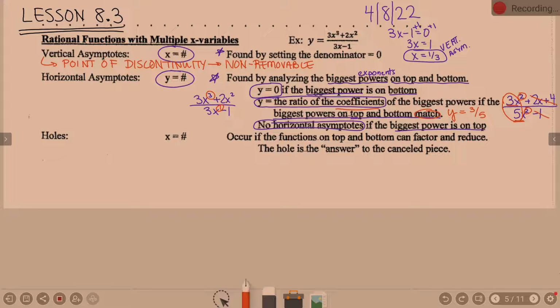Where's the biggest power? Top. So what does that fall into? That falls into this category of no asymptotes, because the biggest power is on top. If this problem had been upside down and the biggest power is on bottom, it'd be y equals 0. So those are some examples. And as I said, we're going to do a couple examples on the backside, right?